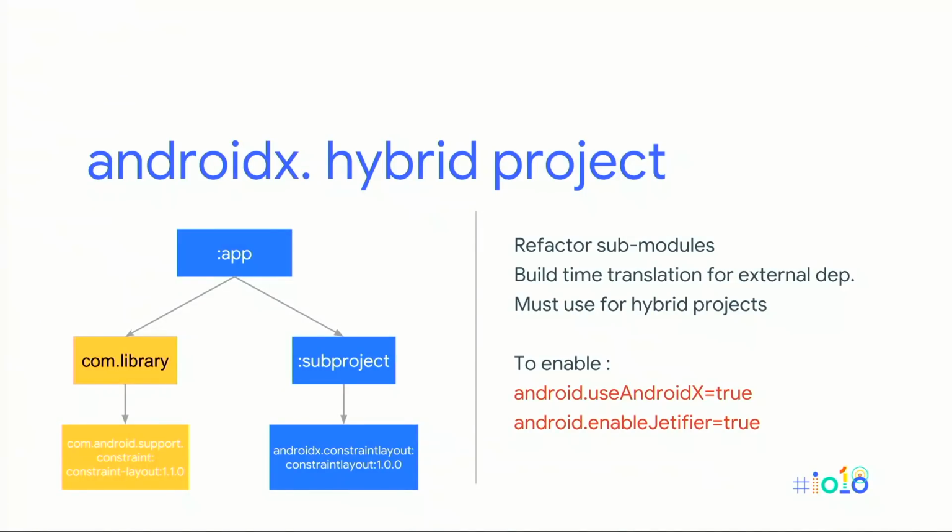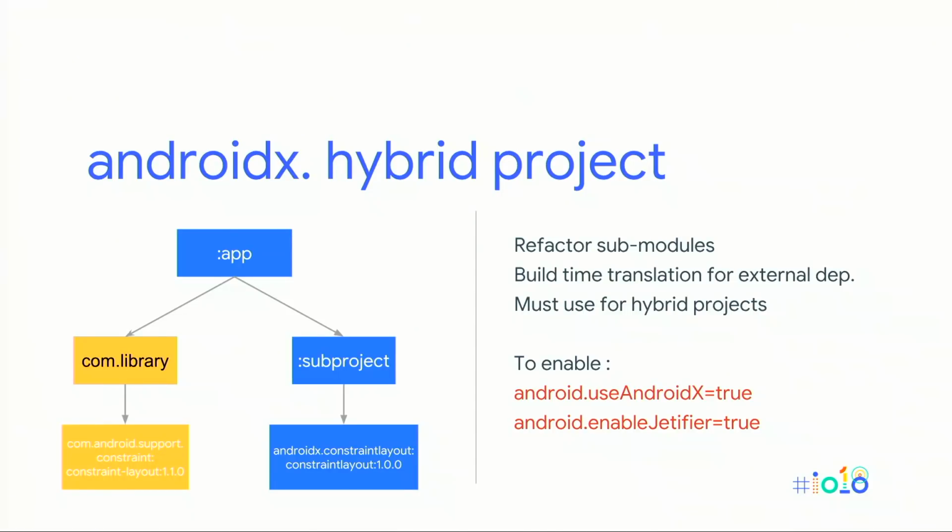If you are in a hybrid world, which is most likely what's going to happen to most people, so yes, you've moved your application, you moved all your projects to use the new AndroidX stuff, but you use some external library that you have no control over that still uses the old com.support libraries, you have no control over the sources, so what can you do?